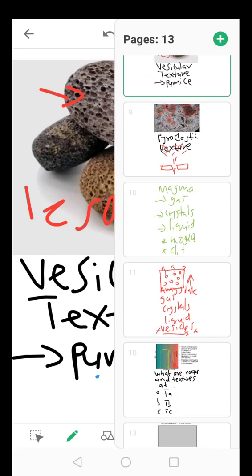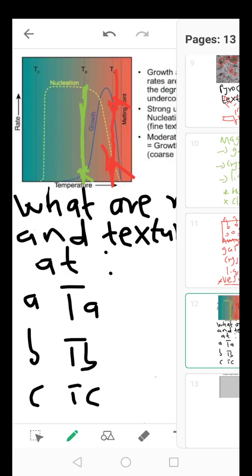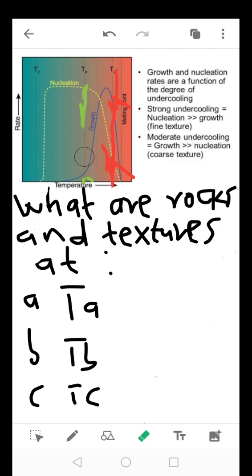So now we've been talking much about textures, and I told you that the main factor that determines the texture of an igneous rock is the cooling rate.